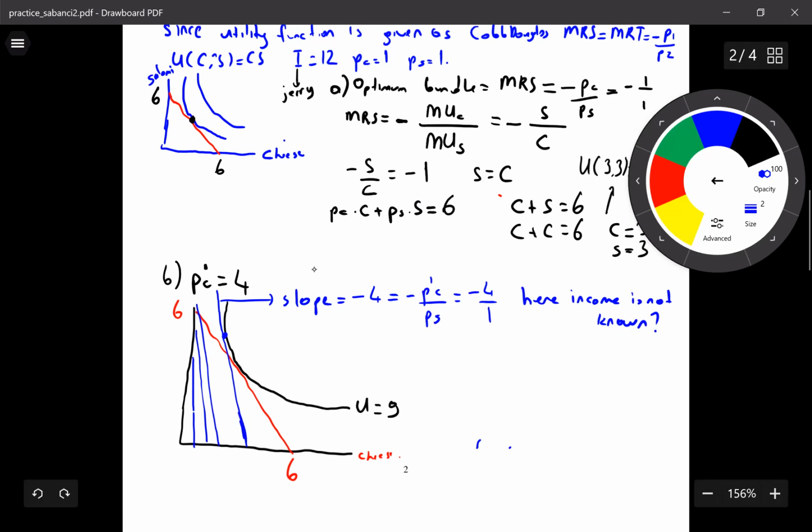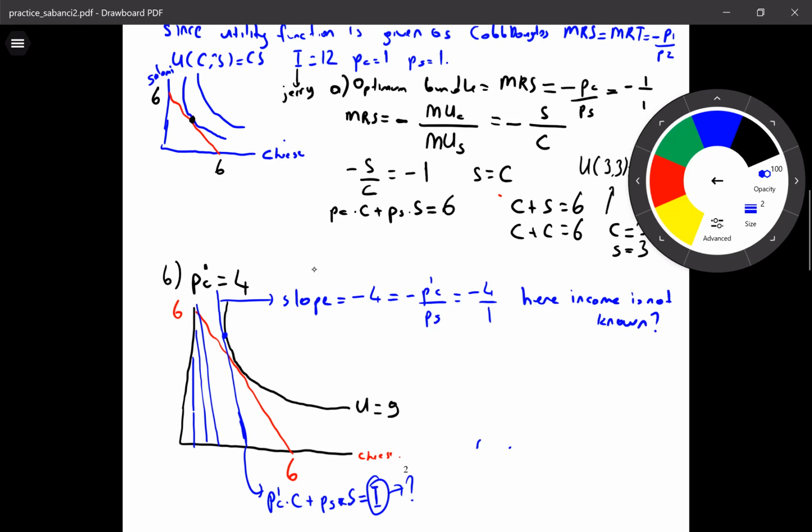What we know is PC prime times C plus PS times S is equal to some income level, but this income level is not known. But I know the tangent condition. Let's say this is C prime, S prime. Moreover, I know utility at C prime, S prime is equal to 9.